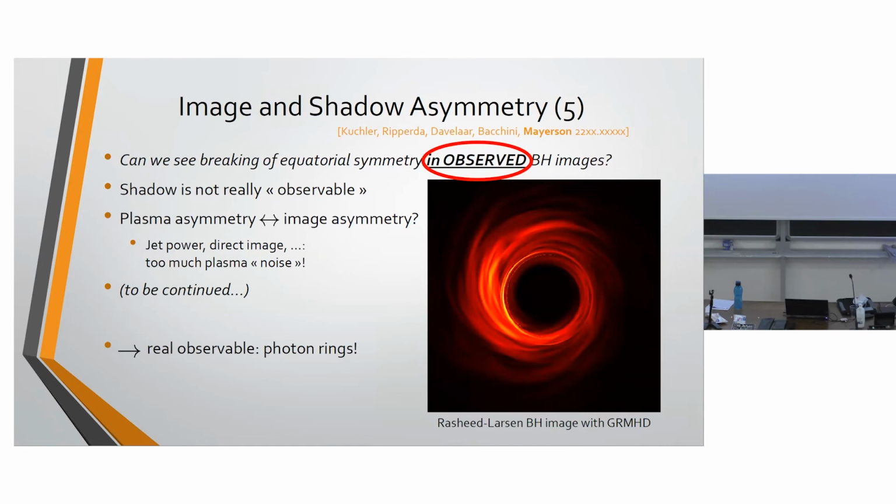What can I see there? Okay. And so like I said, the shadow is not really an observable. We really need to focus on the light, okay? And so there, you might think, well, the asymmetry in the image will give you something, right? Because like I said, you have equatorial symmetry breaking. You have some image that breaks the symmetry as well.